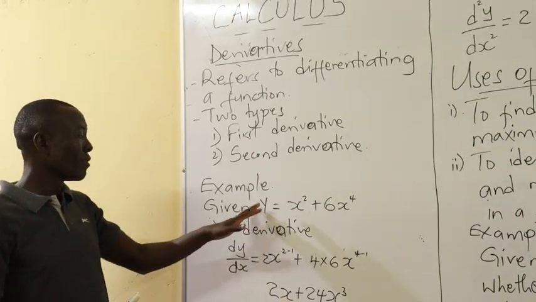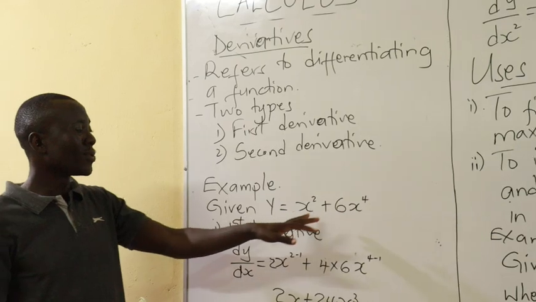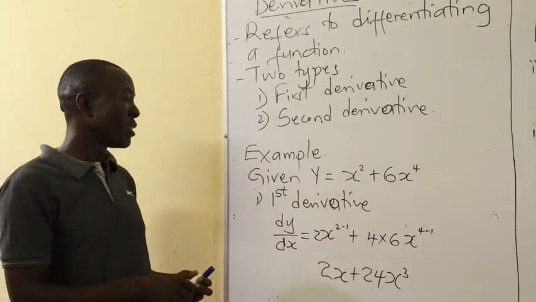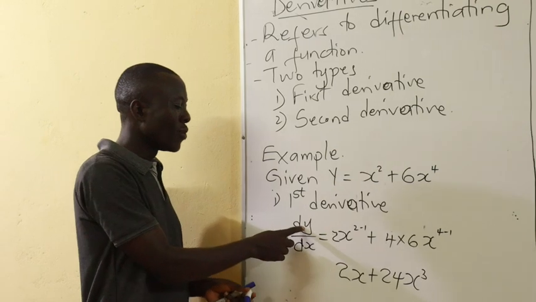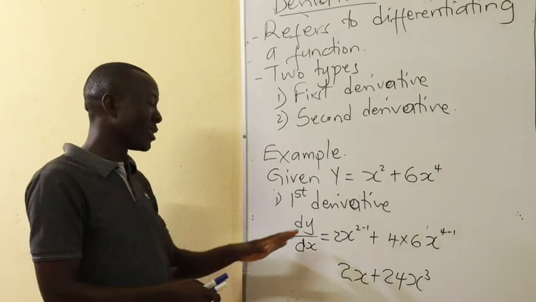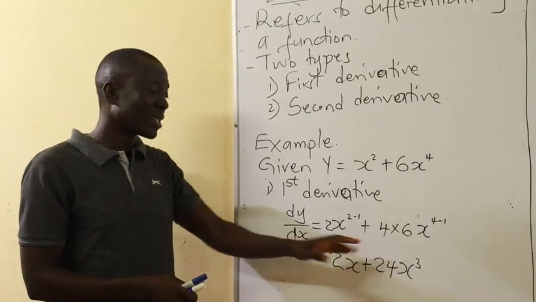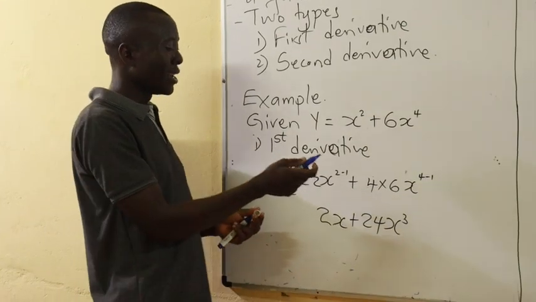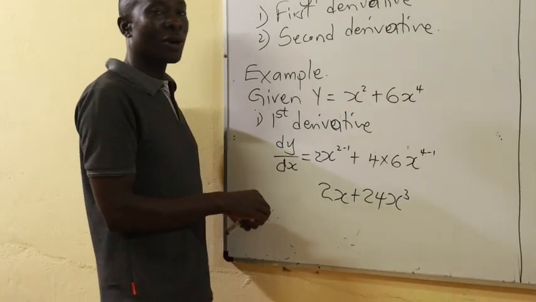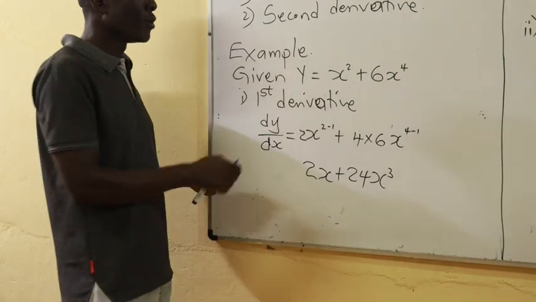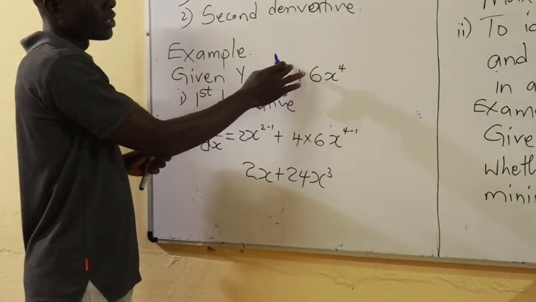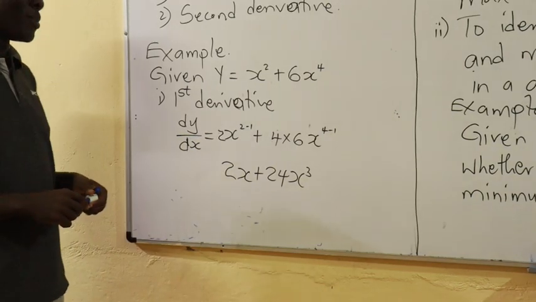And if we are given an equation as y equals x squared plus 6x raised to 4, then the first derivative is dy over dx. That is, we are differentiating y with respect to x only once. And as we had said earlier, the rule is drop and take. We drop the power, and then we also subtract 1 from that particular power.